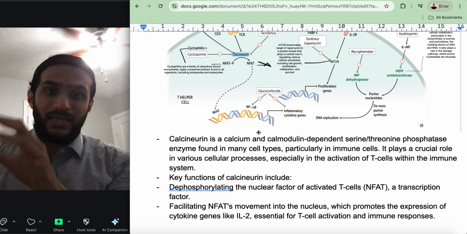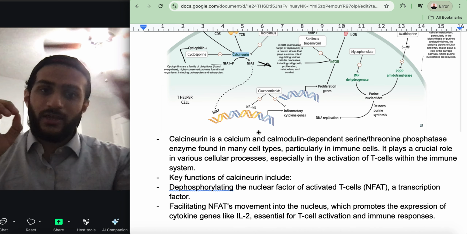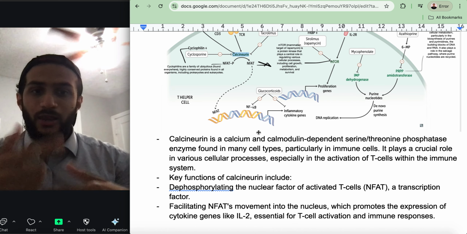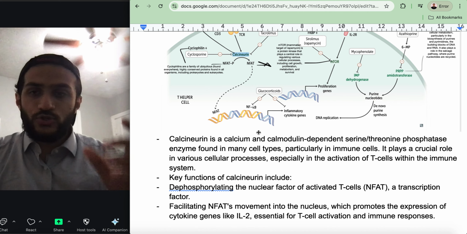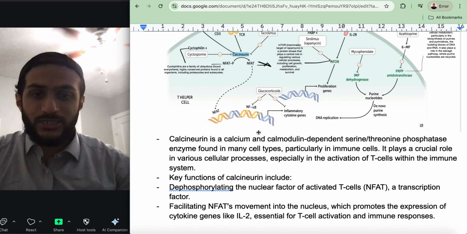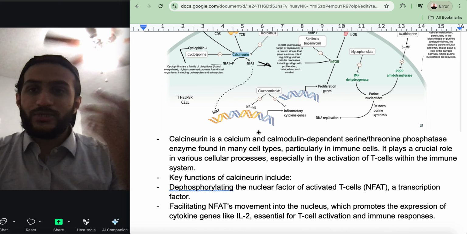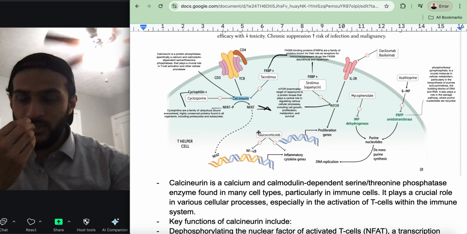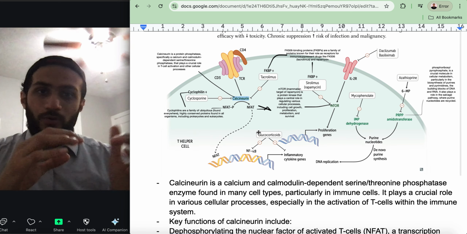It is phosphorylated, gets dephosphorylated, and then this allows for transcription, and the nuclear factor of activated T cells promotes the expression of cytokine genes like interleukin 2, which is essential for T cell activation and immune response. So that's basically calcineurin.